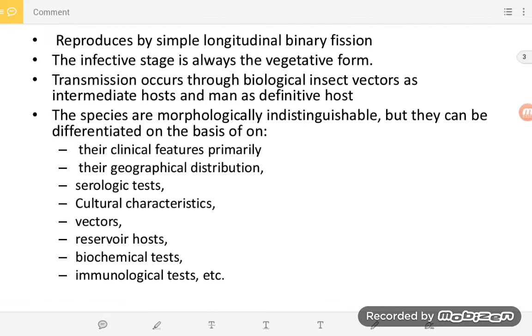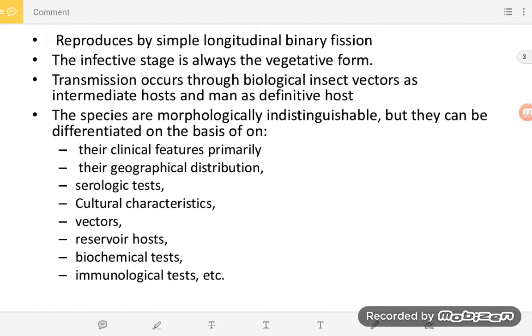Serological testing: sometimes we can use specific antigen or antibody to differentiate the species. Then culture characteristics also we can use to identify it. Then the vector: for example, Trypanosoma brucei is transmitted by the tsetse fly. Trypanosoma cruzi is transmitted by the triatomine bug.